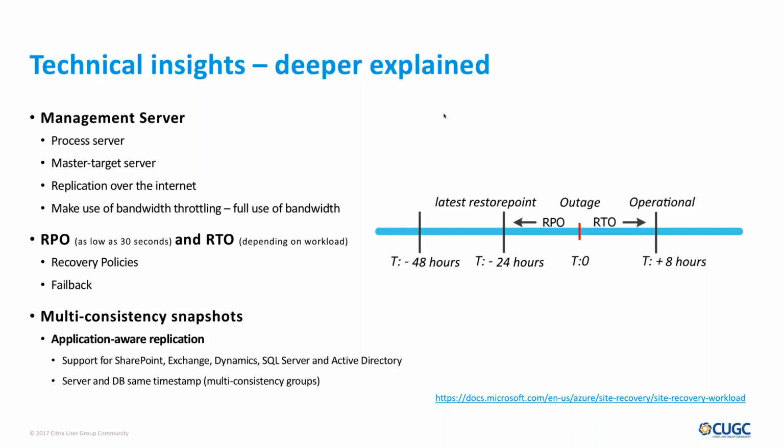So, for example, when your application server is a database server and one user is placing a database entry in that database, the RPO stands for the setting of the replication time that needs to be held at Microsoft Azure. So, the time in between the on-premise and the replicated environment.